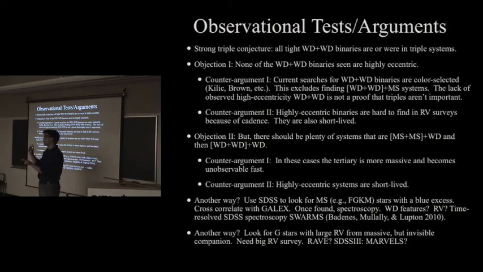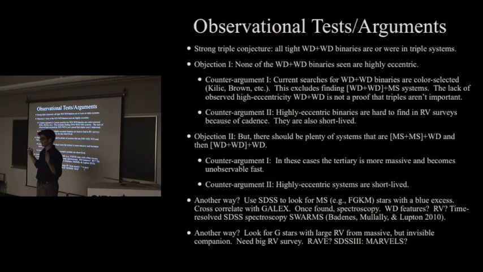Are you going to see it? Well, maybe if you cross-correlated SDSS with GALEX and looked for a UV excess, but even then it would be low mass white dwarfs with a G star. The important thing is that white dwarfs are dim, and you're selecting on color. So the fact that all of those white dwarf systems have been discovered by color selection and none of them have a tertiary is exactly what you would expect.